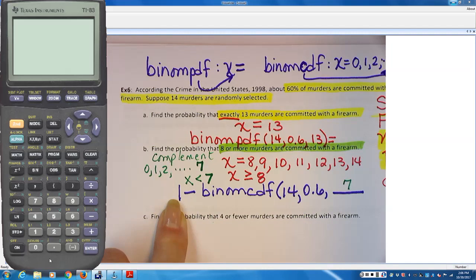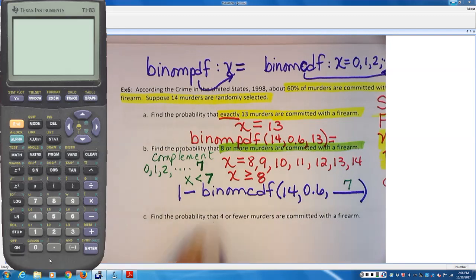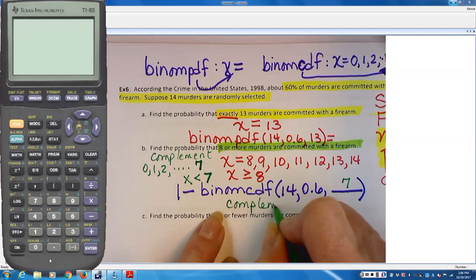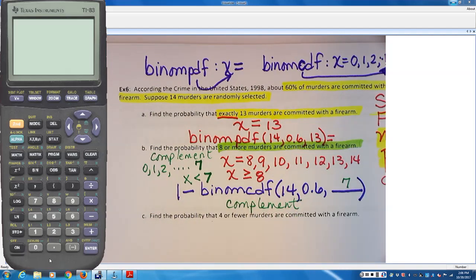Okay? You've got to learn to think about what the complement looks like, because the complement is what you're actually going to find the probabilities for and then subtract from 1. Anytime you've got a greater than or equal to or a greater than, you have to use the complement. 1 minus Binomialcdf.